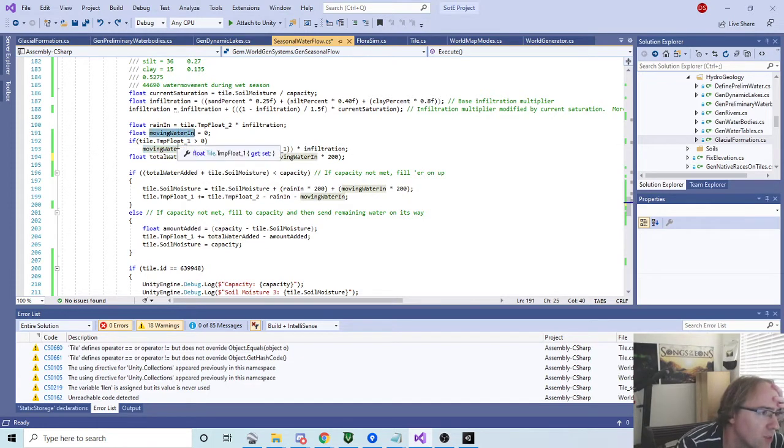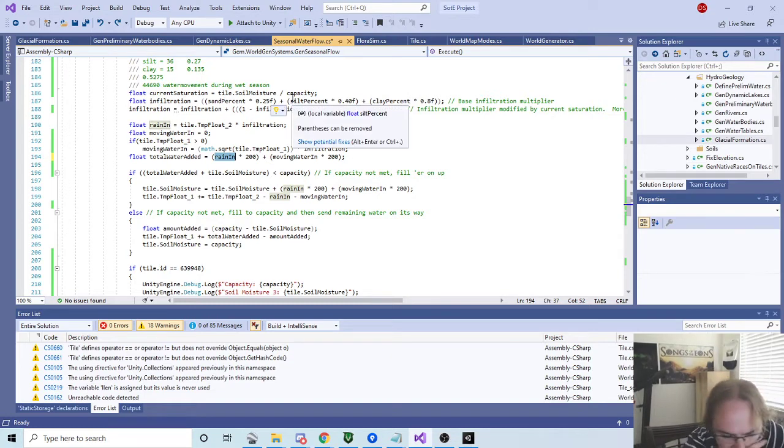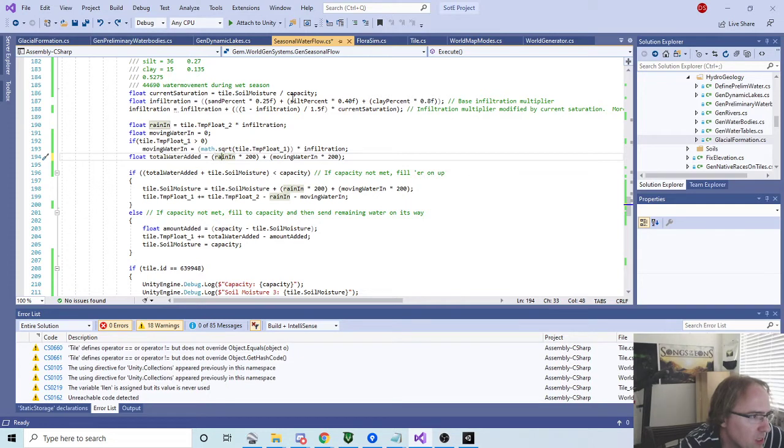This is just the gross figures, but then I do this multiplication stuff, which is to scale the units up to match eventually with vegetation. Maybe I really just shouldn't do that. That's a mistake, because when we start getting into aquifers and stuff like that, it's going to really confuse stuff.